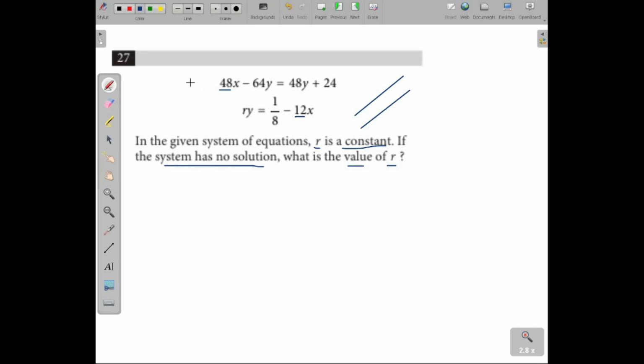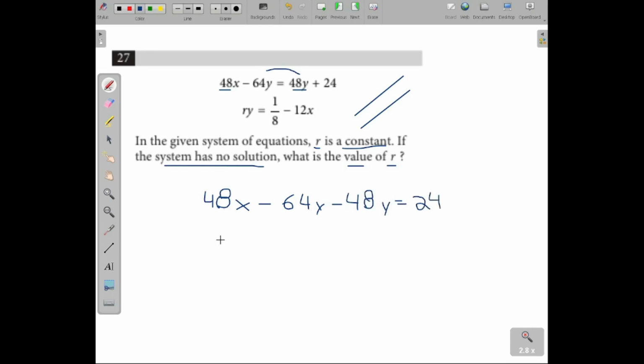Now let's rearrange both equations. Let's start with the first one. So 48x minus 64y. This 48y will come to the other side of the equation with a negative sign, negative 48y, equal to 24.